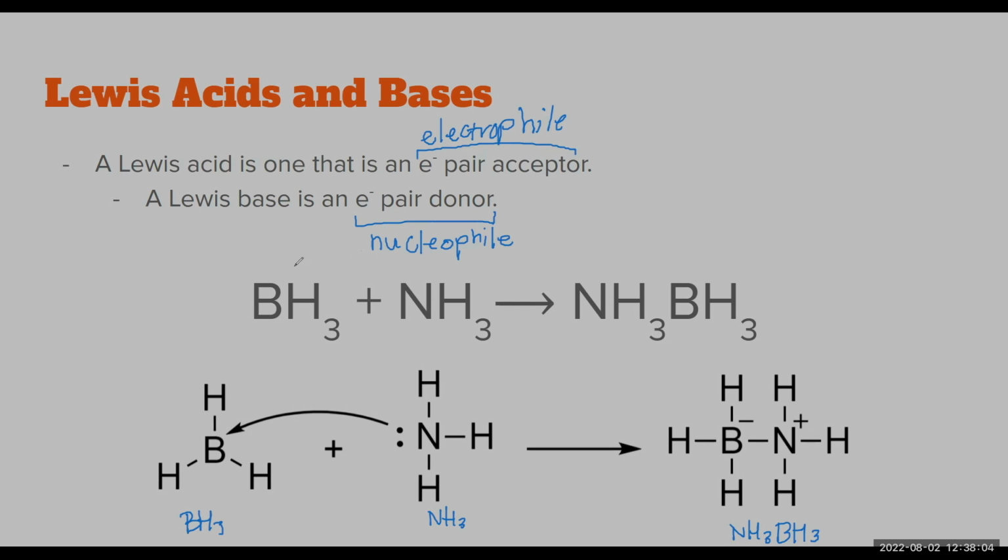So following this definition, a Lewis acid is going to be an electron pair acceptor. We can see here that on the left side, BH3 is going to be accepting the electron pair from NH3, this electron pair. And because it accepted it, it's going to function as the Lewis acid. So I'm going to write LA.